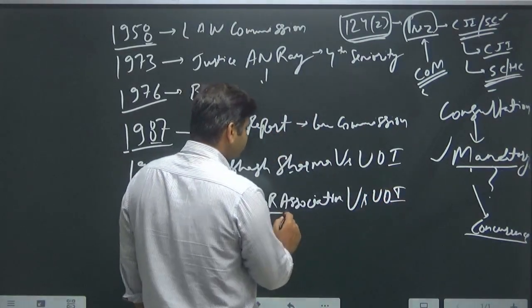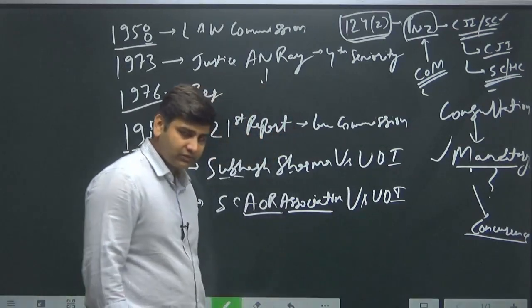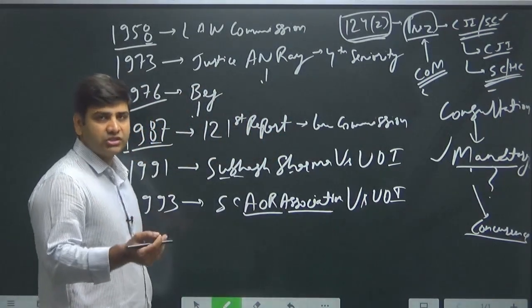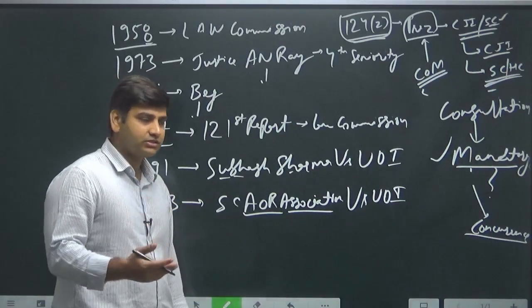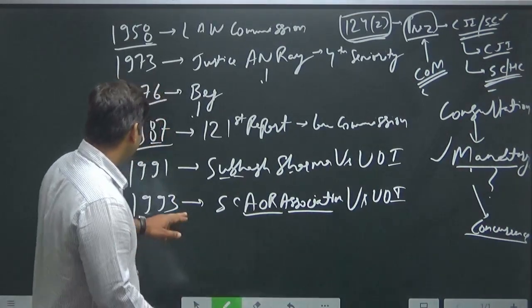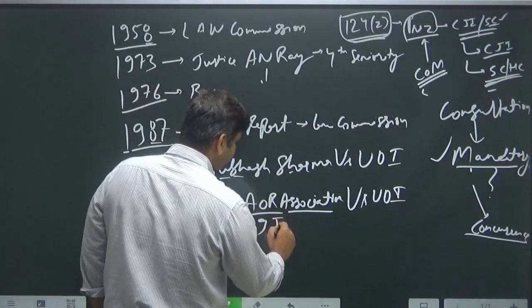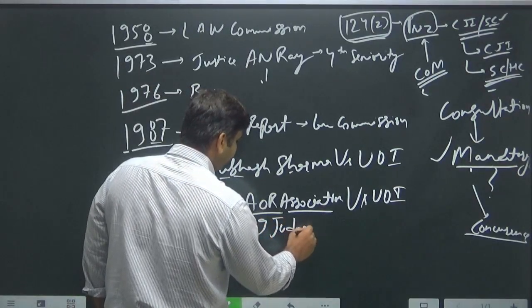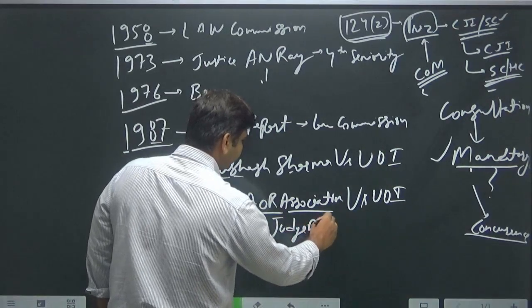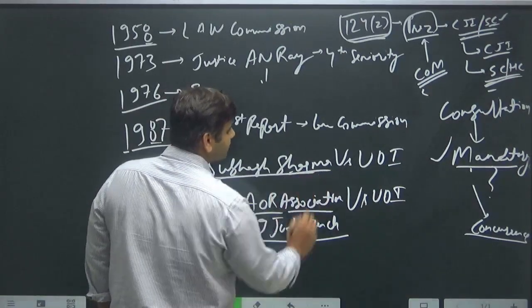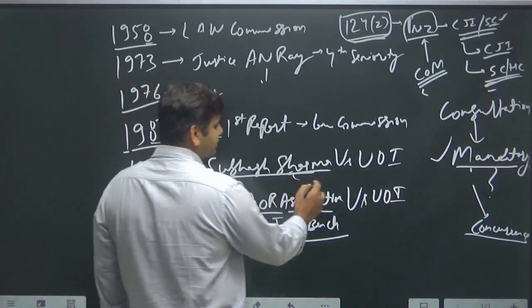Advocate on Record Associations and a few of the lawyers associated with it filed a petition raising several questions on the appointment of judges of the Supreme Court. A 9-judge bench gave the order. In Subhash Sharma case, it was a 3-judge bench.